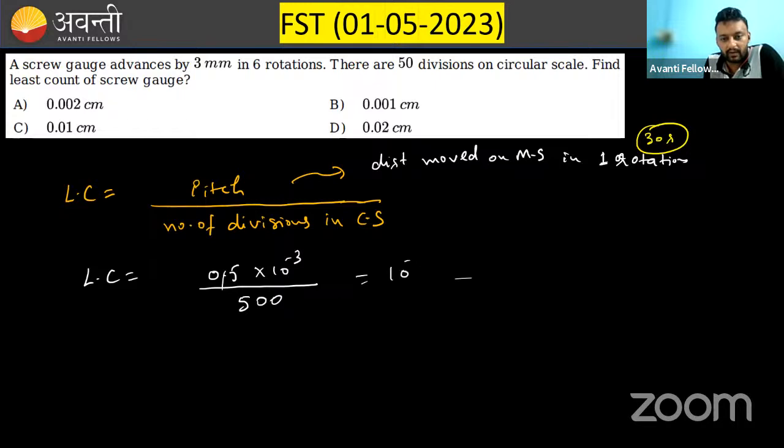That is 10 to the power minus 5 meter, or 10 to the power minus 3 centimeter, because options are in centimeter. So option B is correct. Clear?